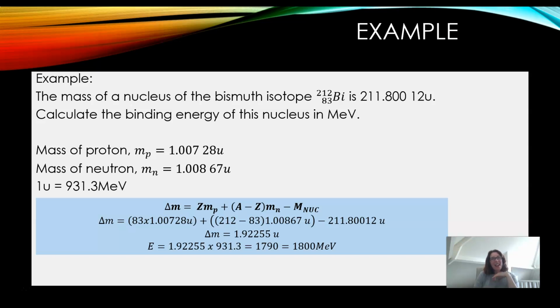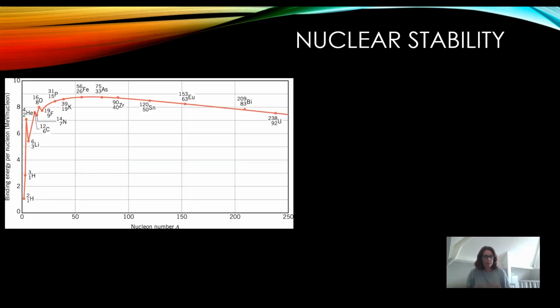Now, the higher that number is, the more stable the atom is. The higher the binding energy per nucleon, the more tightly the nucleons are being held on. So looking at this graph, it shows you that there is a maximum binding energy per nucleon here, at iron. Iron is the highest on the graph.